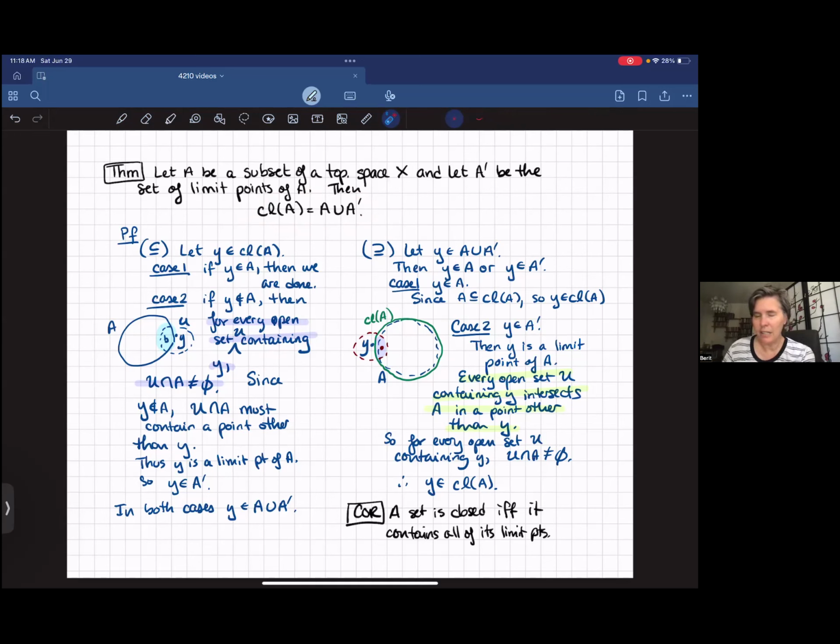So if A contains all its limit points, then the right-hand side, A union A prime, would just be A. And that would say that A was equal to closure of A. And we know that if a set is equal to its own closure, the set is closed. All right. So that's the brief why that is true. So this is a very, very important corollary. A set is closed if and only if it contains all of its limit points.